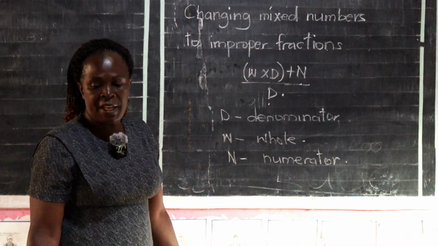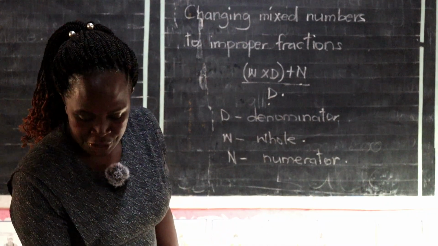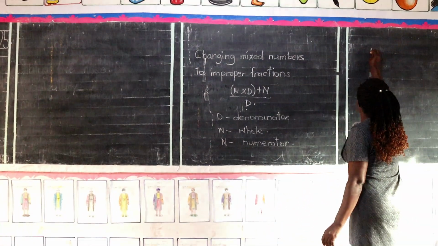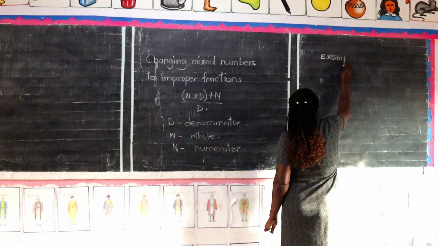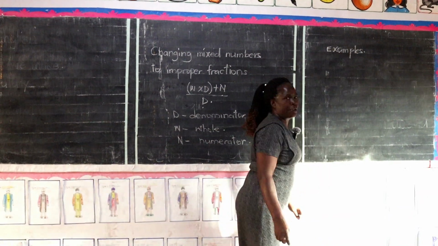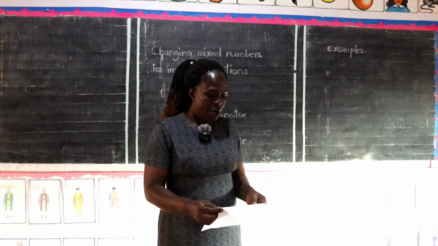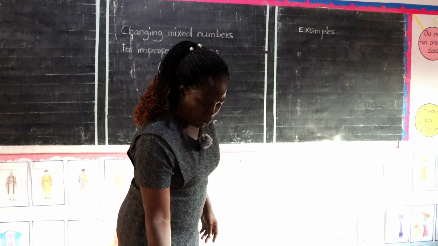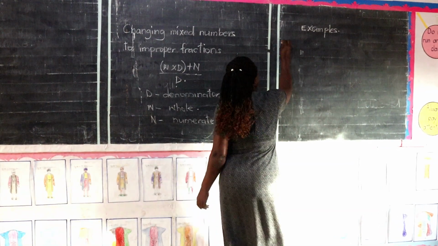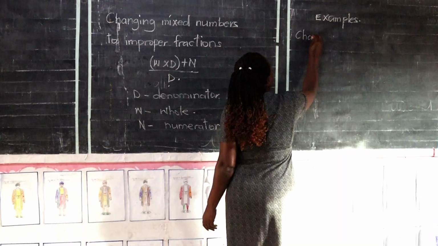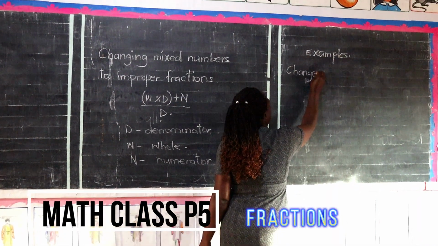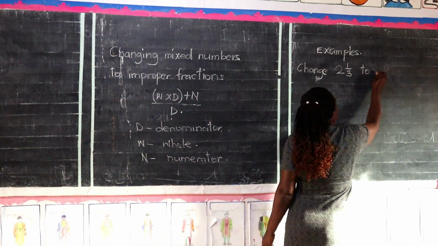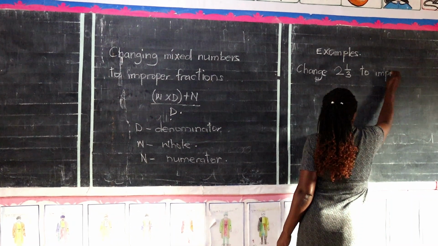Now you might be given a number that you change. Let us look at examples. They might say change 2 whole number and a third to improper fraction.